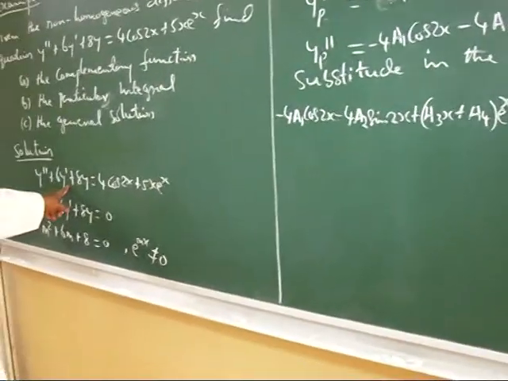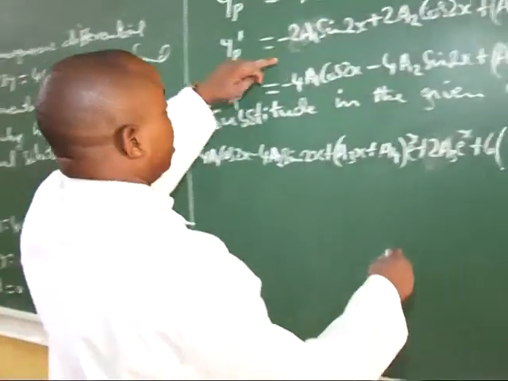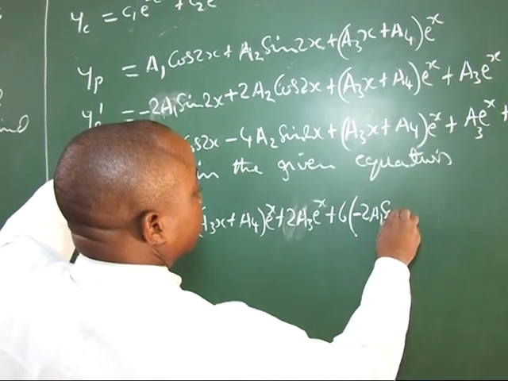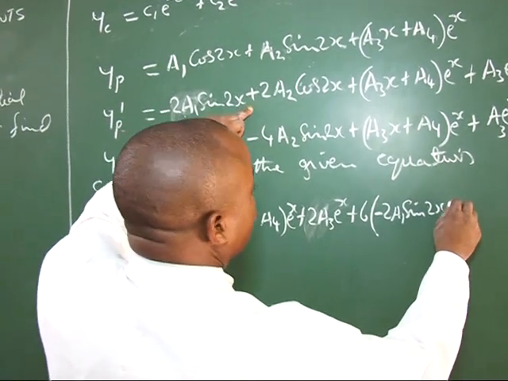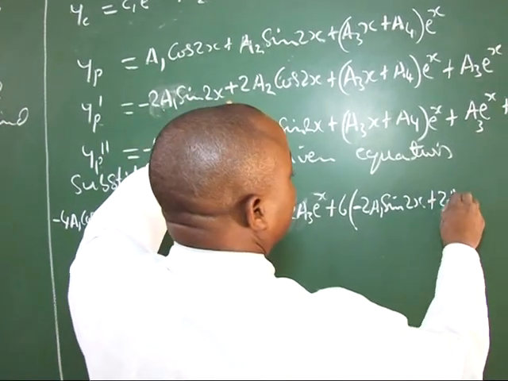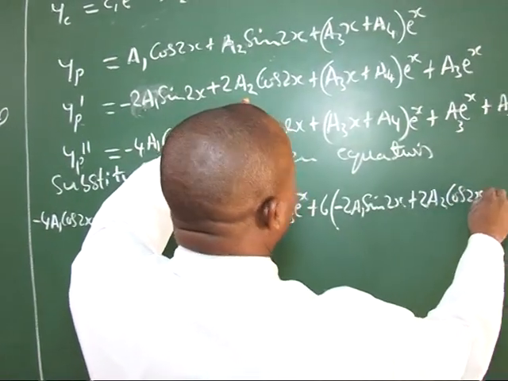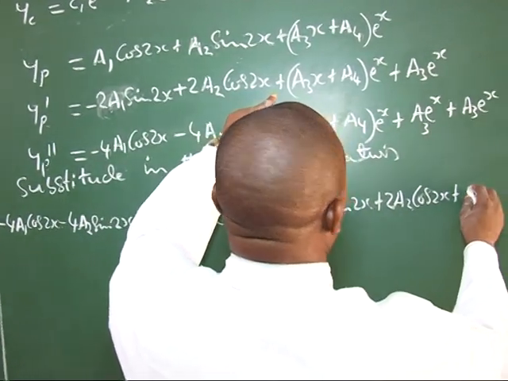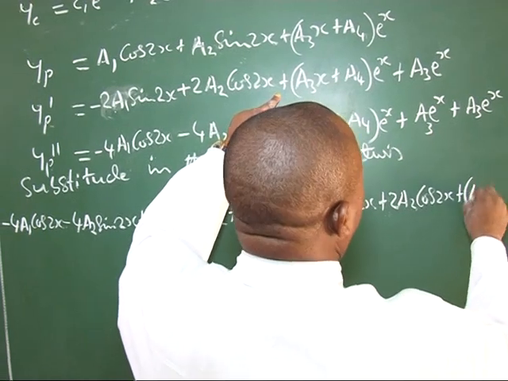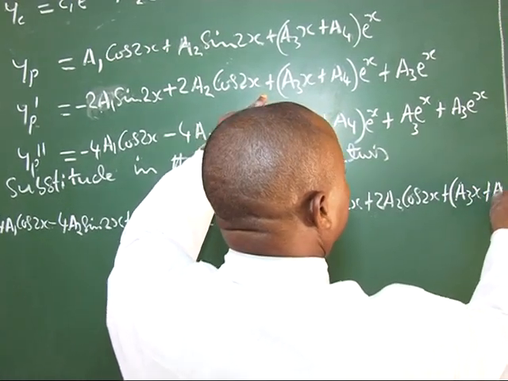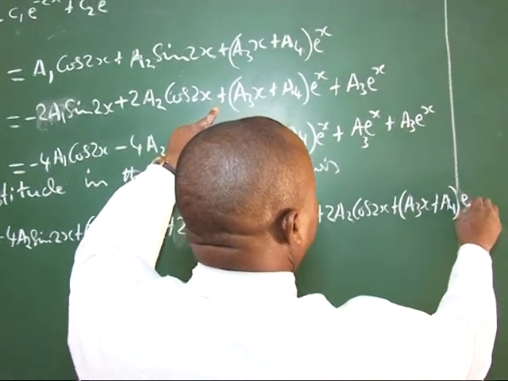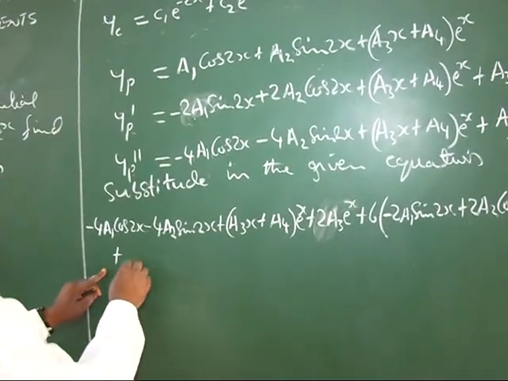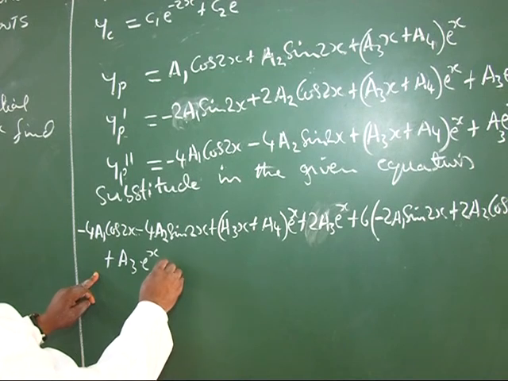Then we enter y prime. And y prime is this. That is minus 2a1 sine 2x plus 2a2 cos 2x plus (a3x plus a4) exponential x plus a3 exponential x, right?